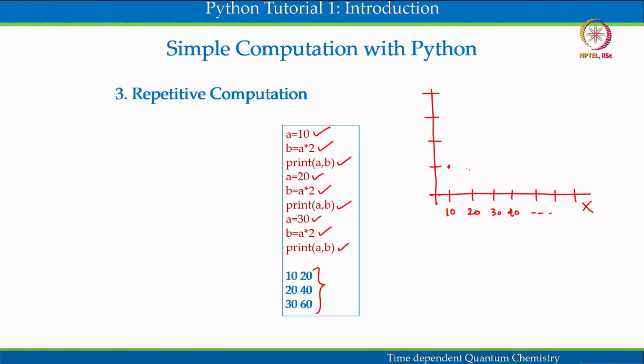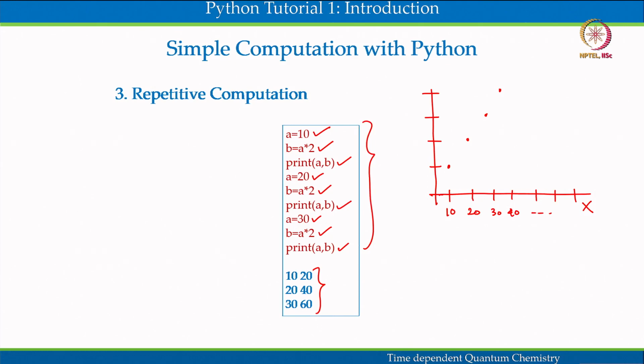So, we get one point here, another point probably here, another point probably here. Like this we repeat that, and this kind of repetition in computation is required on many occasions. This is just one example. For graph plotting we use that.